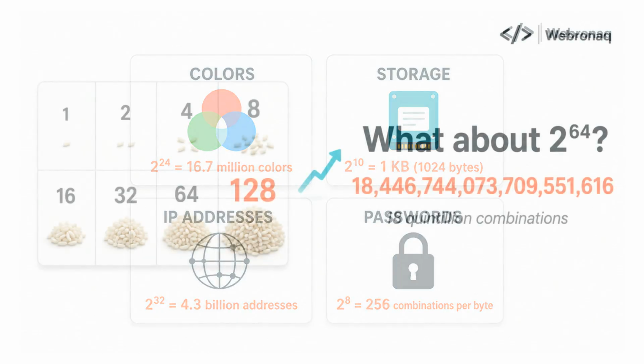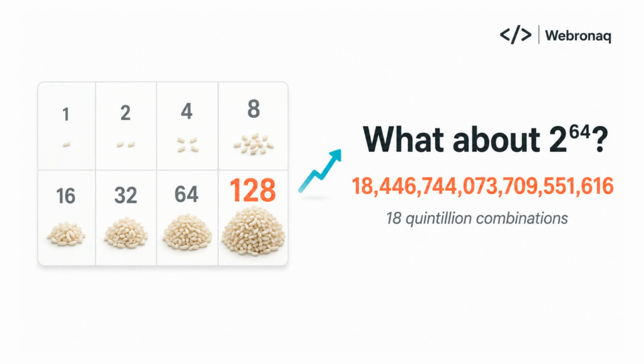Here's something that'll blow your mind. Watch how fast 2 to the n grows. Start with 1, double it, and you get 2. Double again, 4. Then 8, 16, 32, 64, 128. Looks slow at first, right? But keep going. By the time you reach 2 to the 64, the number explodes into 18 quintillion combinations.